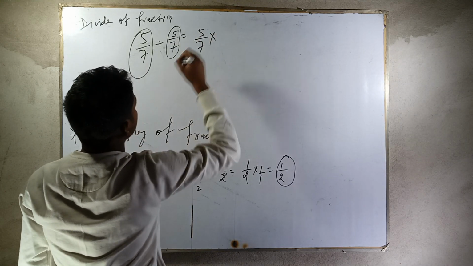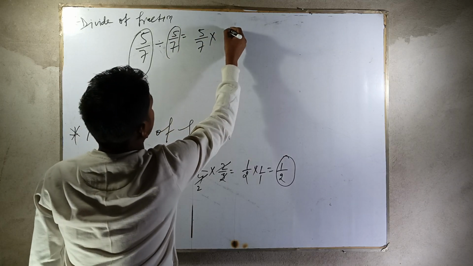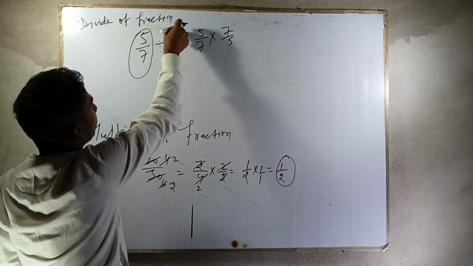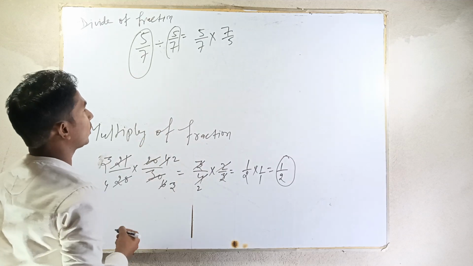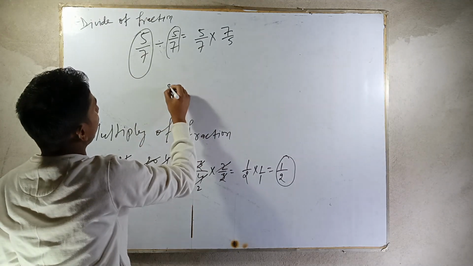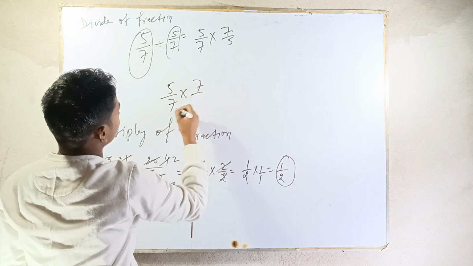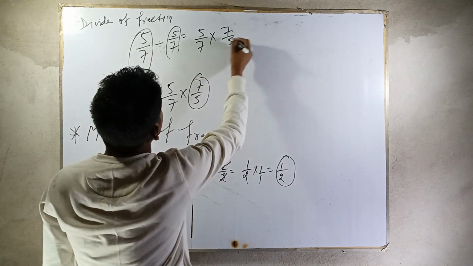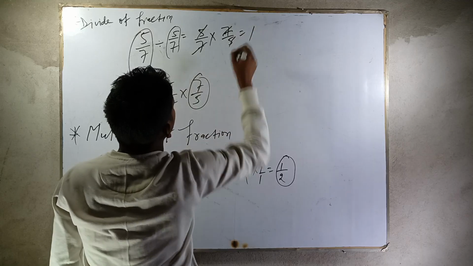Then the denominator goes to the upper side, 7 by 5, and the numerator goes downside. That means it should be the reciprocal. Reciprocal means opposite. So now it is going to cancel, and its value is 1.